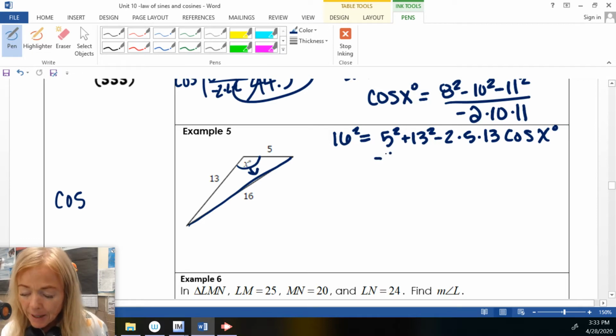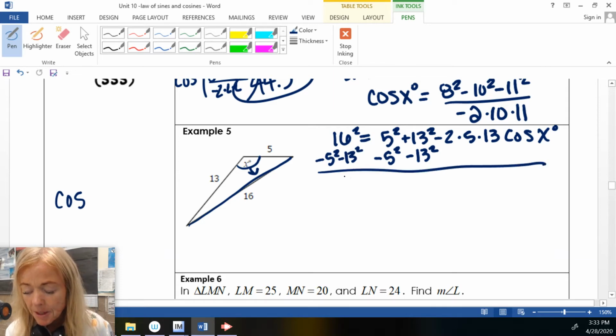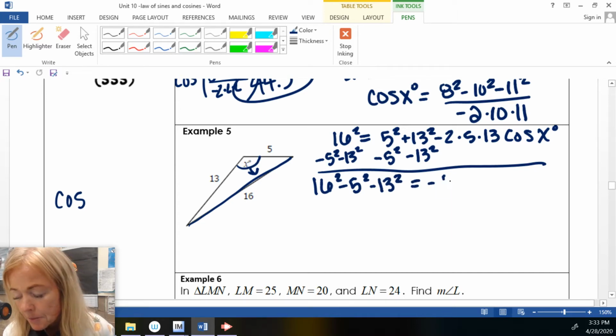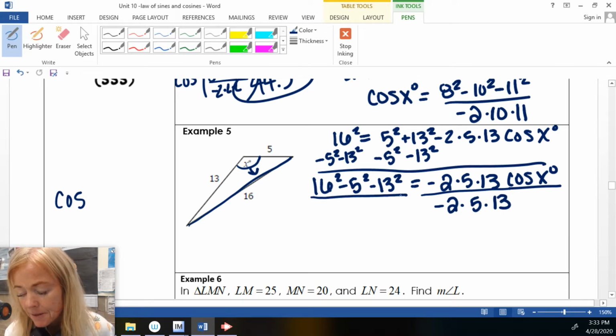And then we subtract the two numbers that are being added to both sides. So 16 squared minus 5 squared minus 13 squared is equal to -2 times 5 times 13 times the cosine of x degrees. Then we divide by -2 times 5 times 13.